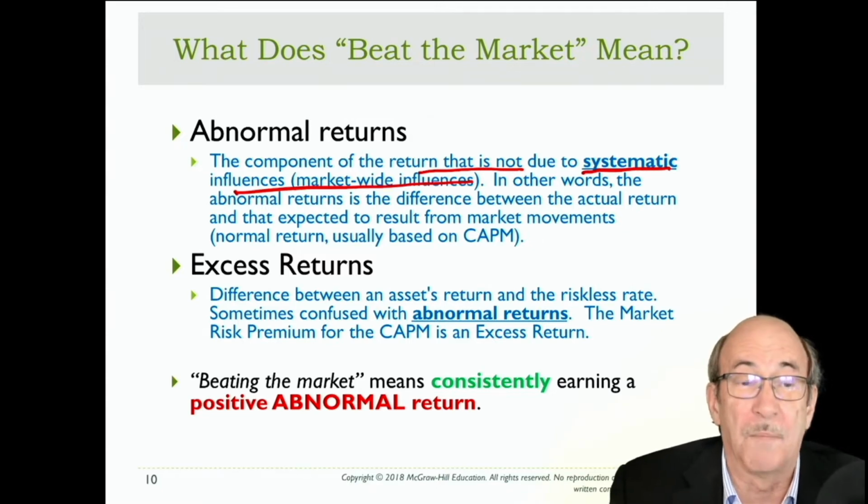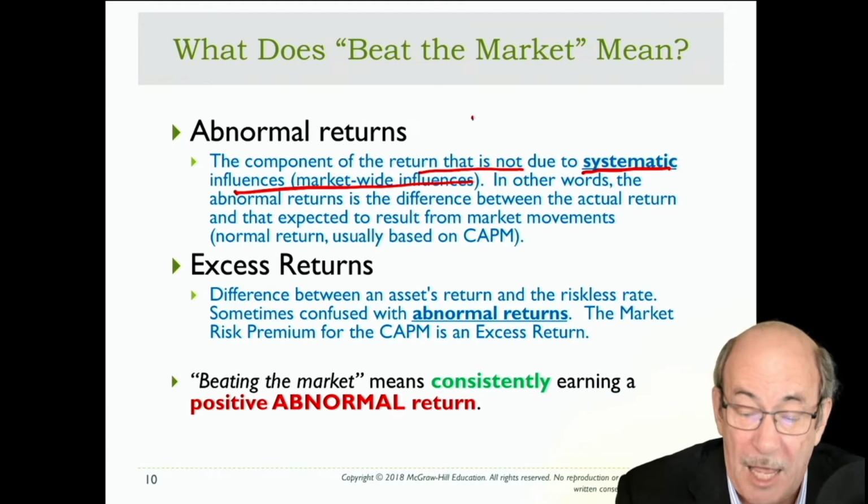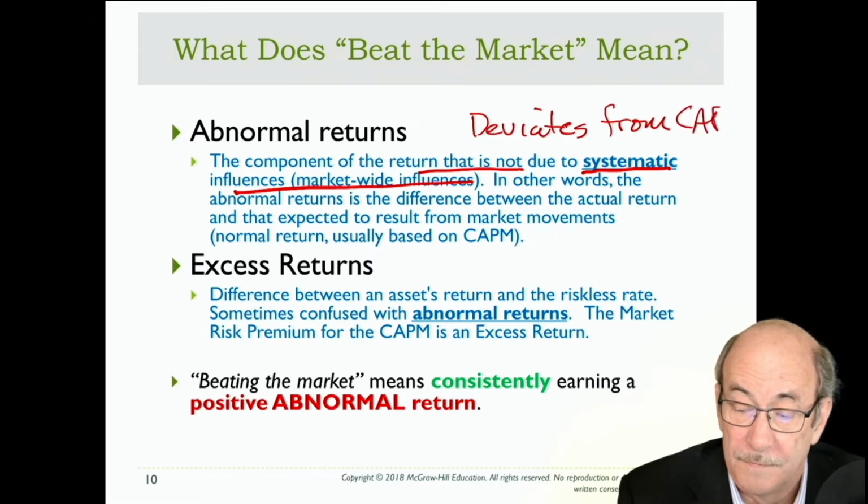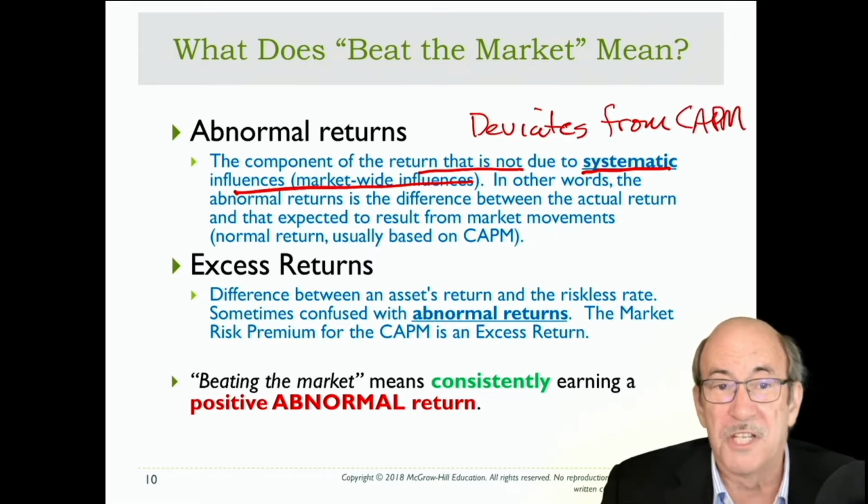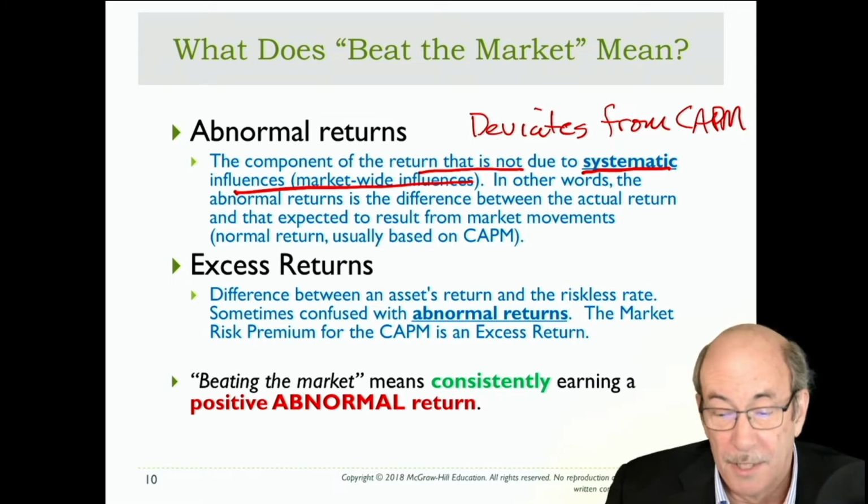In other words, something that deviates from CAPM. In our case, if it deviates from CAPM, then we have an abnormal return.